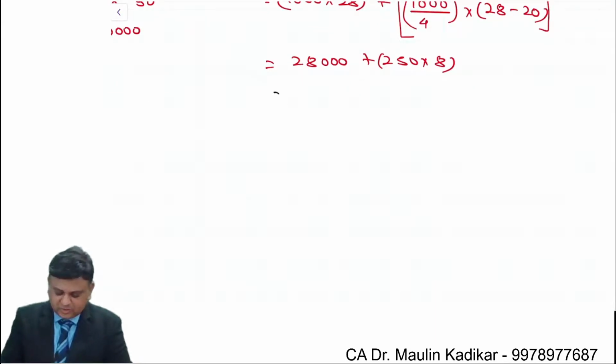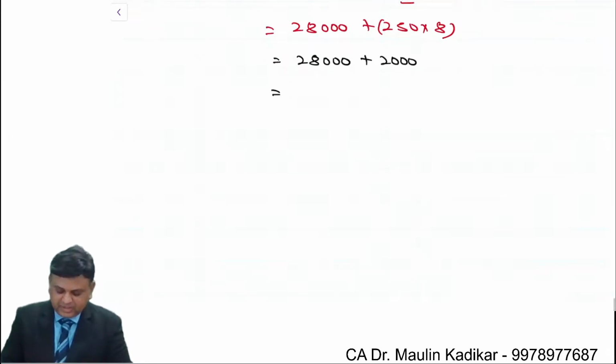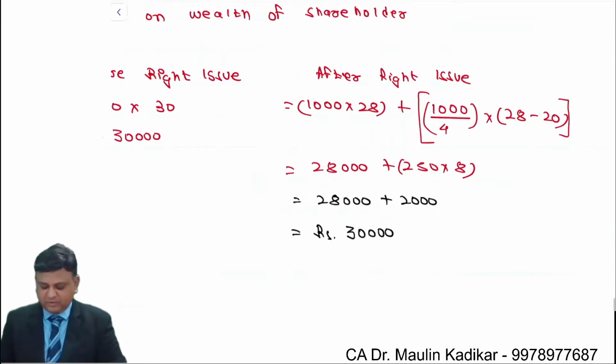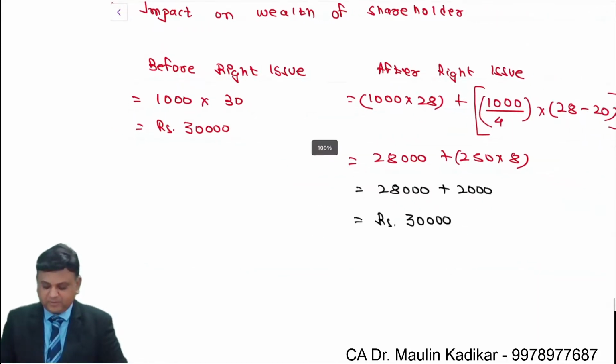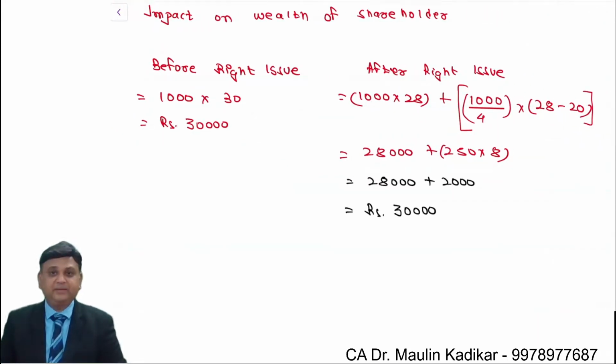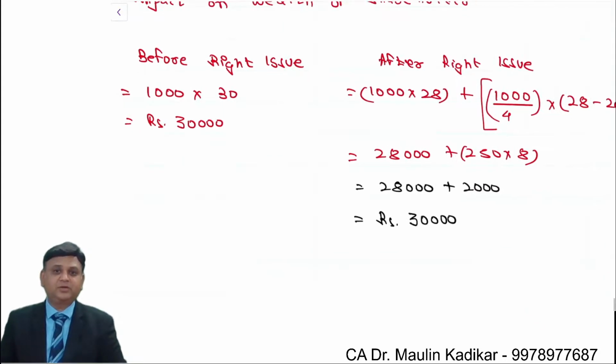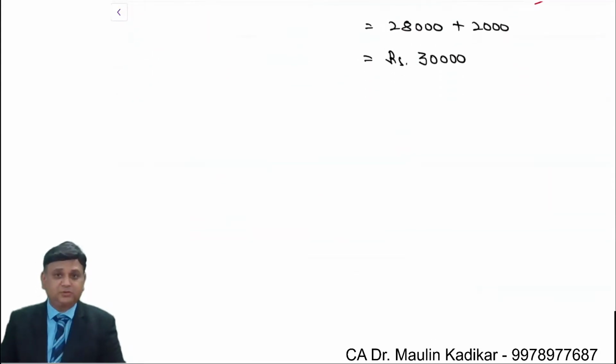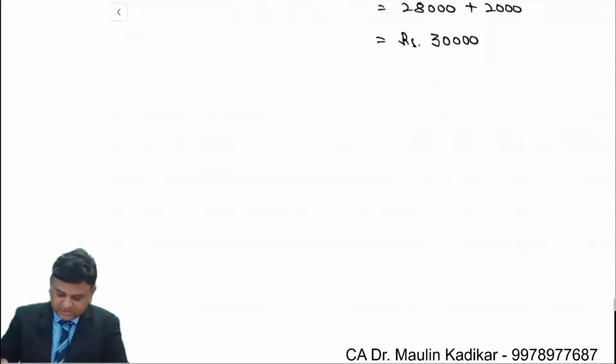So it is 28,000 plus 2,000. That comes to an amount of rupees 30,000. This is the way we are required to show the impact on wealth of the shareholder, and basically there is no impact on wealth of the shareholder.